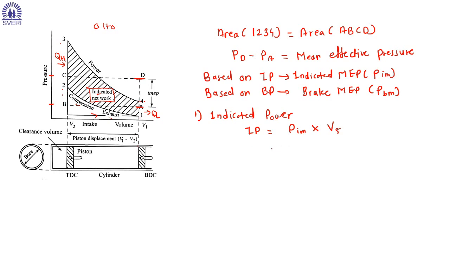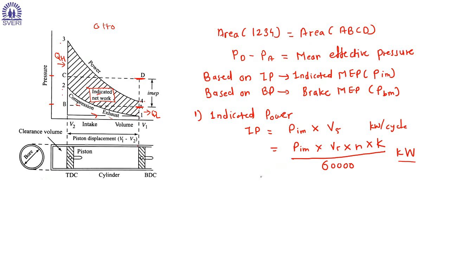This is written as PIM into swept volume into small n into capital K divided by 60,000 kilowatt. Whatever you observe here is per cycle. So this formula gives you indicated power in terms of kilowatt.